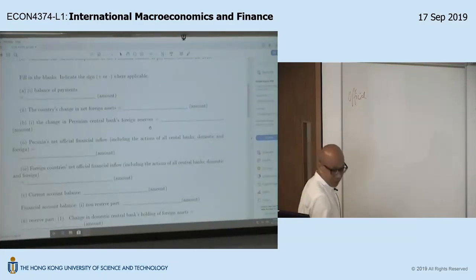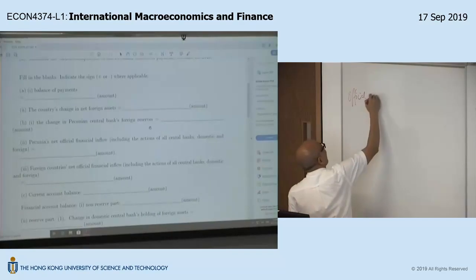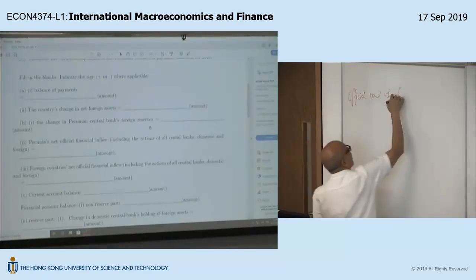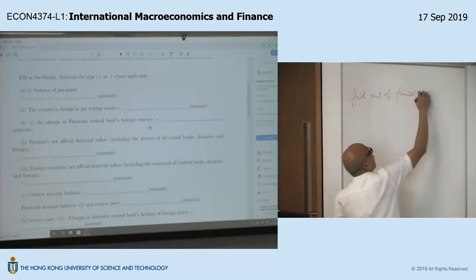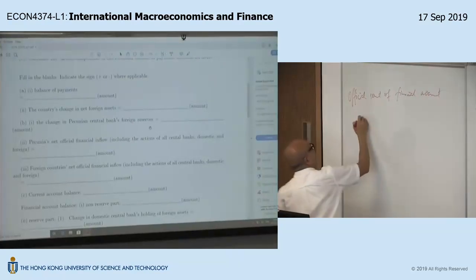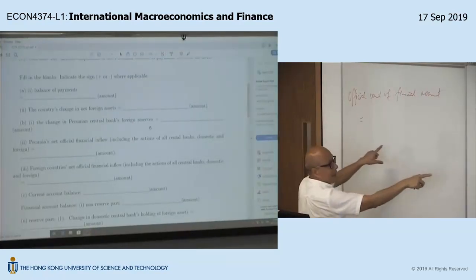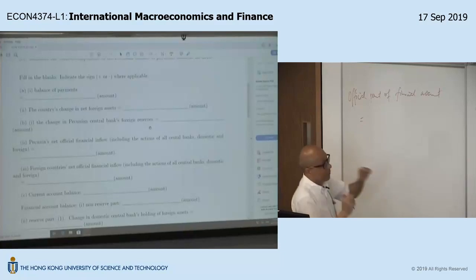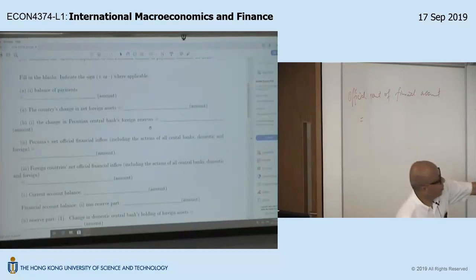The reserve part of the financial account is equal to, so this is negative, right?